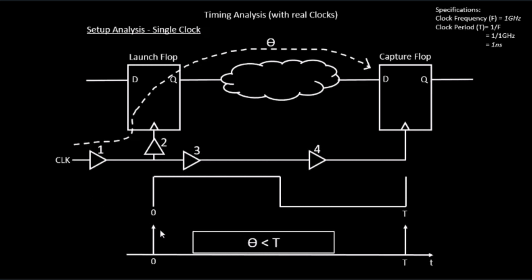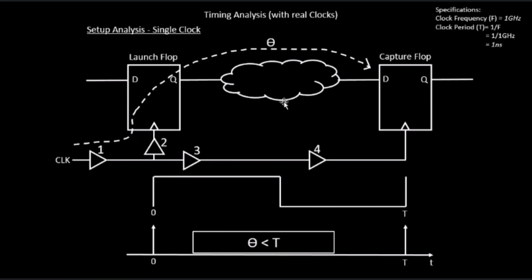The clock edge at the 0th clock edge was supposed to reach the launch flop clock endpoint at 0 nanosecond. But now because of these buffers, this clock edge will not reach at 0 nanosecond, but at 0 plus buffer delay 1 plus buffer delay 2.